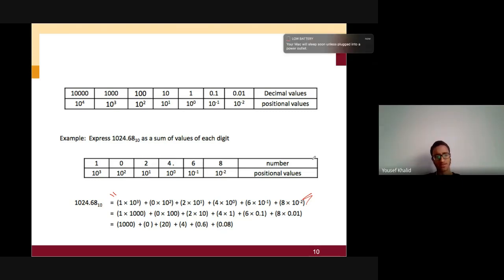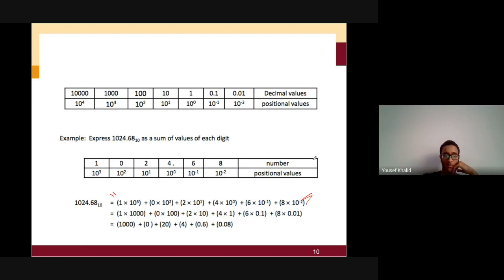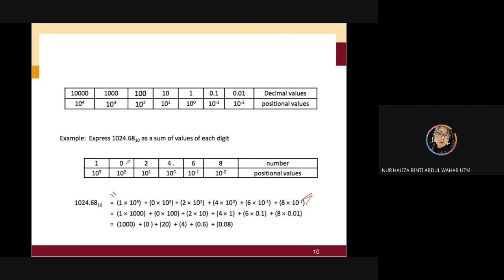The example, it's 0 multiplied by 10 by 100. So the outcome will not be the same, I think. We multiply 0 by 100, it will be 0, right? Multiply 0 with 100.